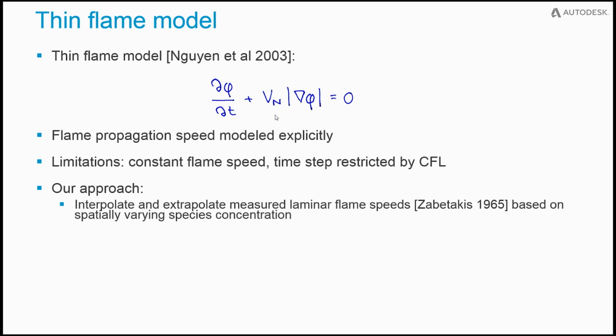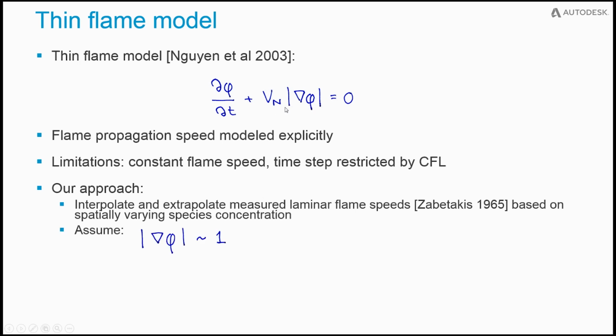When we extrapolate, of course, we move beyond what is documented in the literature, but it stays within what is physically acceptable or plausible for graphics, though it may not be fully accurate. So we allow, in other words, this Vn to vary in time and space.